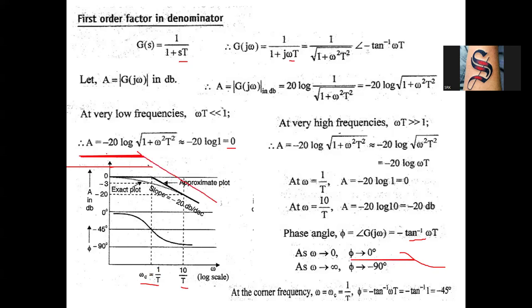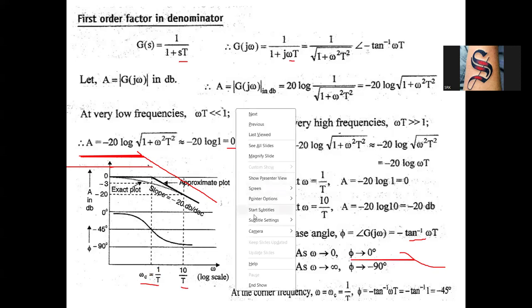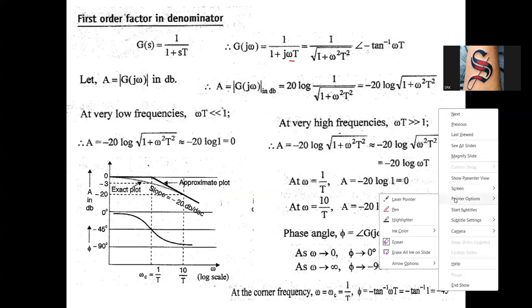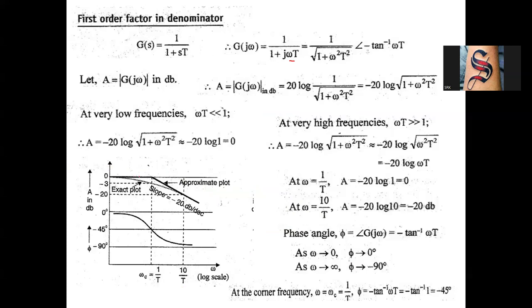But what is the difference? There is no 0 decibels. So please remember that point. For the integral factor, the magnitude response is always minus 20 decibels per decade. Whereas for the first order factor in the denominator, initially the magnitude is 0 decibels and then it is followed by minus 20 decibels per decade.